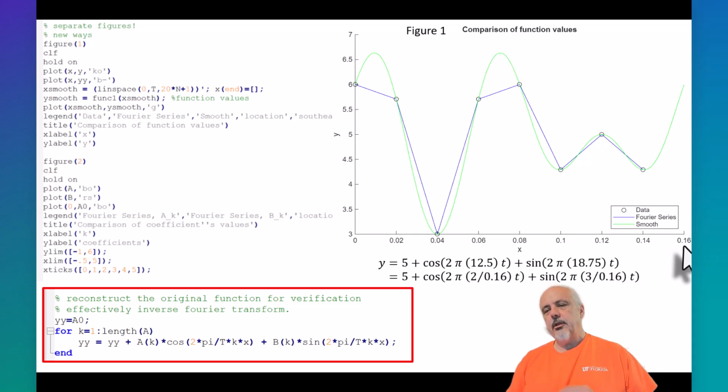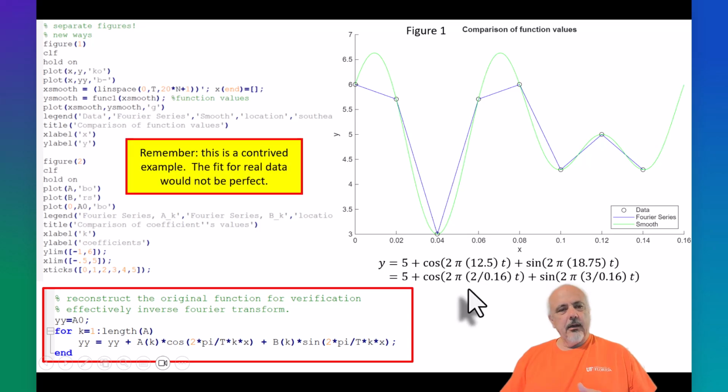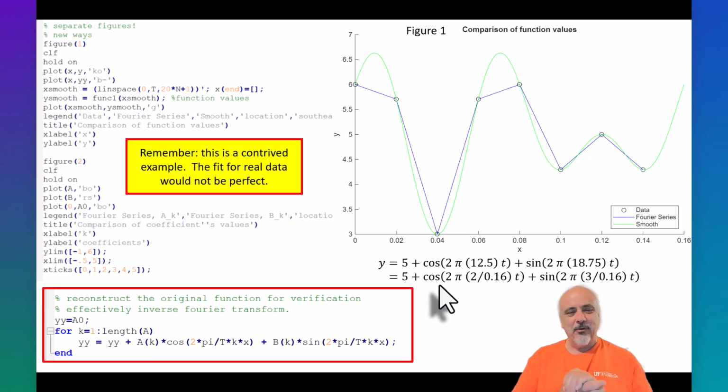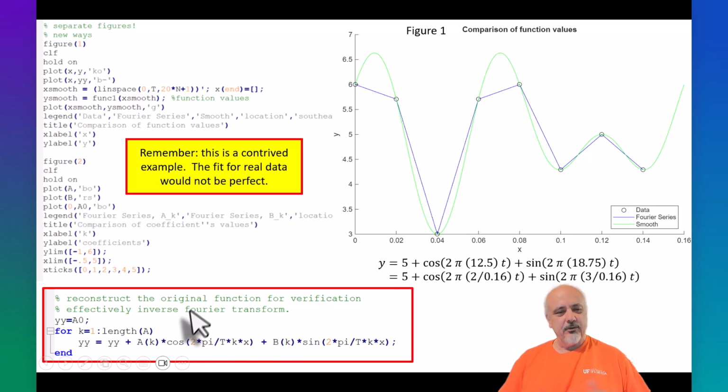And our period is 0.16 seconds, as we see here. 3 divided by 0.16 is 18.75, and 2 divided by 0.16 is 12.5. So that's figure 1. And then figure 2. Oh, remember that this is a contrived example. The fit for the real data would not be perfect after you did the inverse type of thing here.